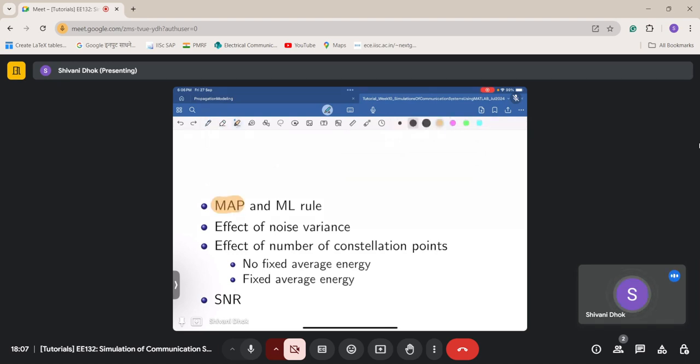This MAP rule is the abbreviation of maximum a posteriori probability.